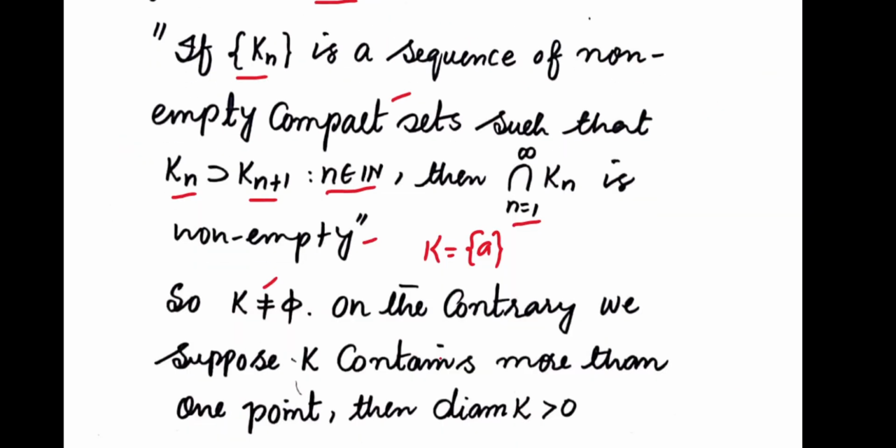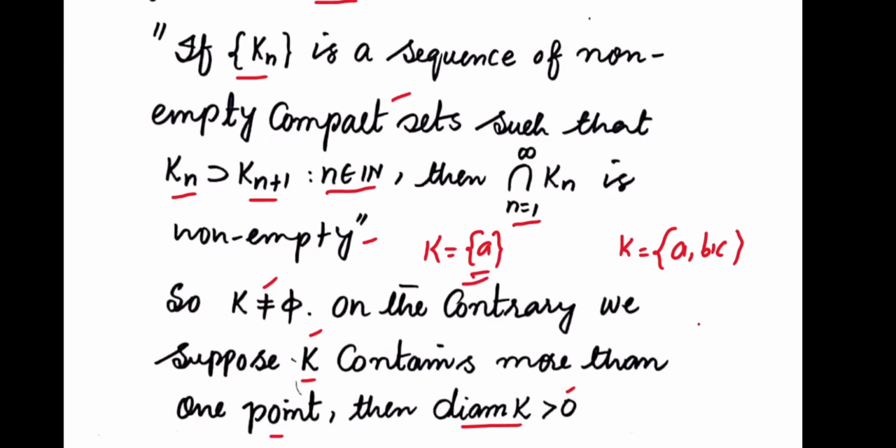But we will work by contradiction. We suppose on the contrary that this set K contains more than one point. You can say your set K contains points A, B, C, etc. So if this set K contains more than one point, then clearly the diameter of this K is greater than 0, because the singleton set is the only set whose diameter is exactly equal to 0.